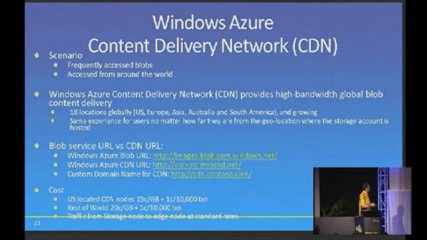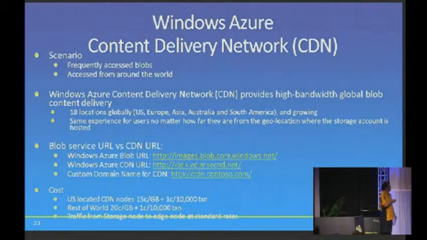So you're going to end up with your Windows Azure blob URL, and a Windows Azure CDN URL, which is what we get when we enable the CDN. And then if we want to, we can map a custom domain for that CDN. So you can have cdn.mycompany.com, and it will look, to all intents and purposes, like you have a full commercial CDN.